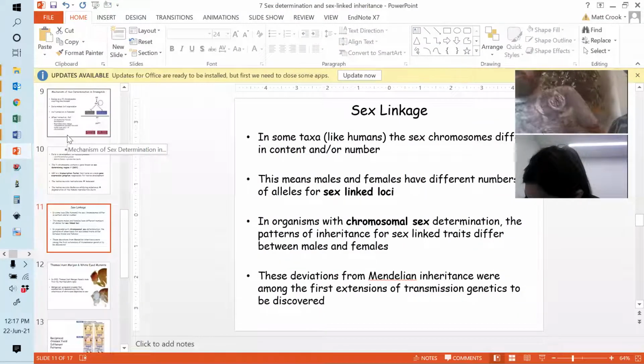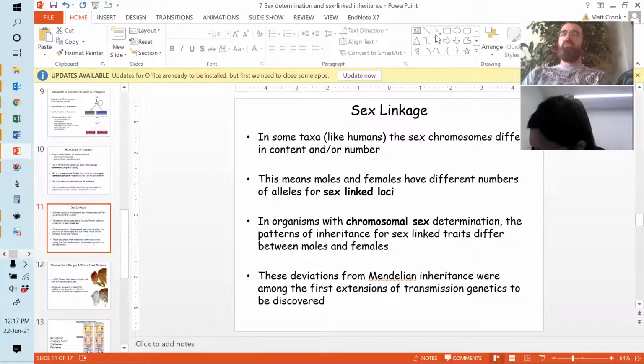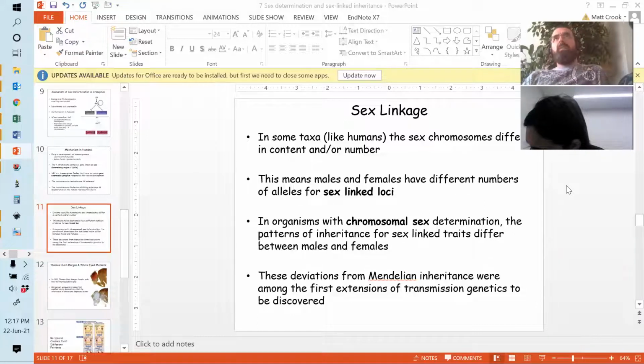Okay, so getting back to the point I was making just before we left, it's all about how many alleles you have for a given gene. Because we're diploid for all of the autosomes, we should, pending any issues with meiosis, have two copies of each allele and potentially two different alleles.